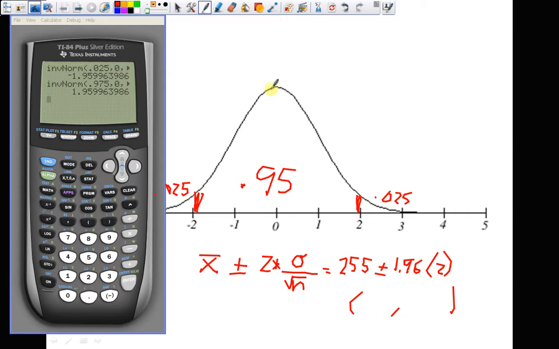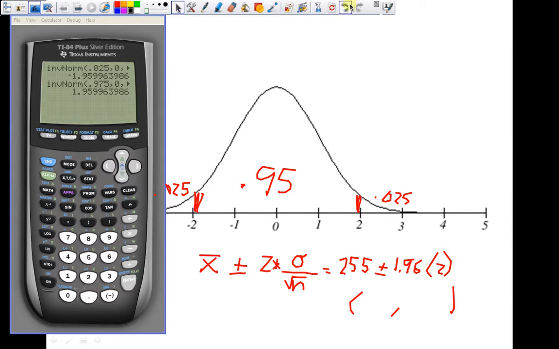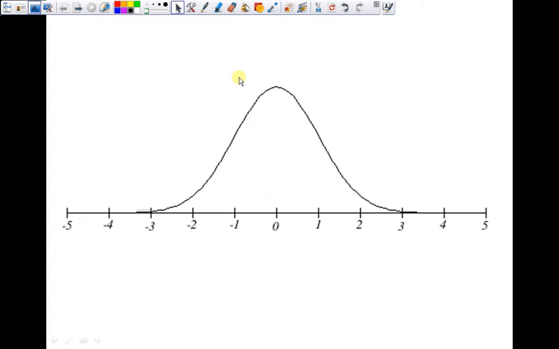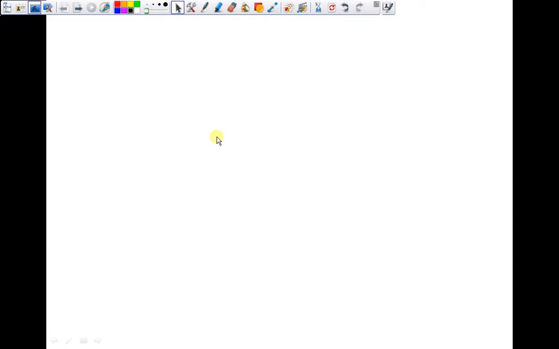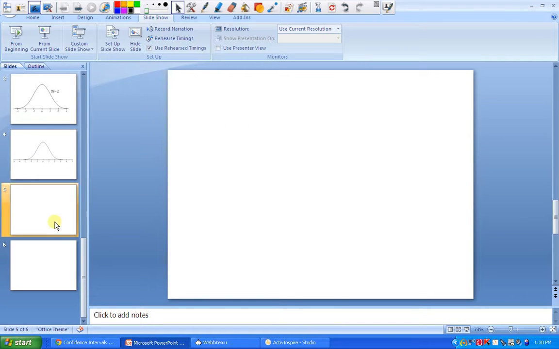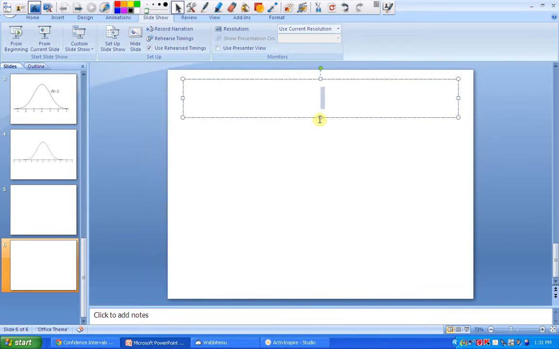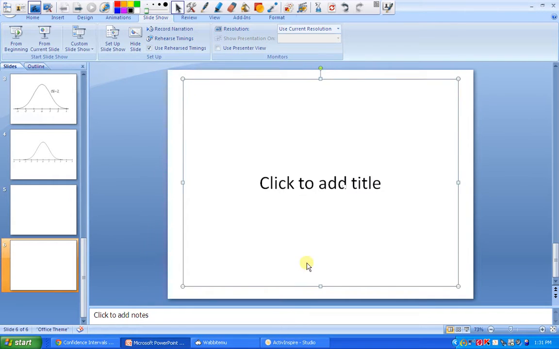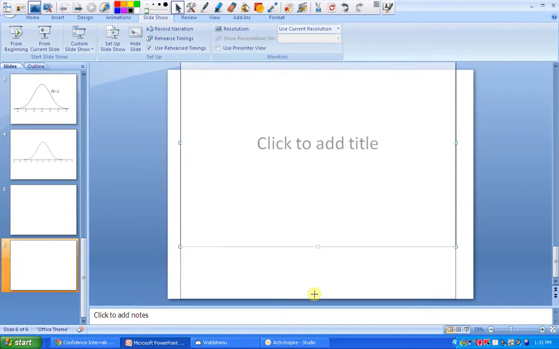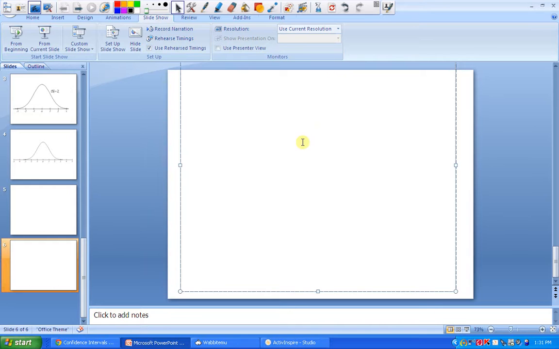Once you get your confidence interval, every time you do a confidence interval, you need to interpret it. And that looks like this.